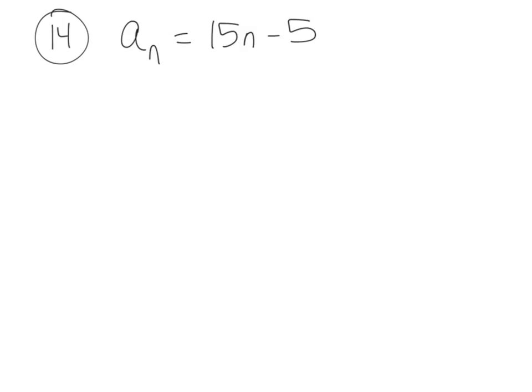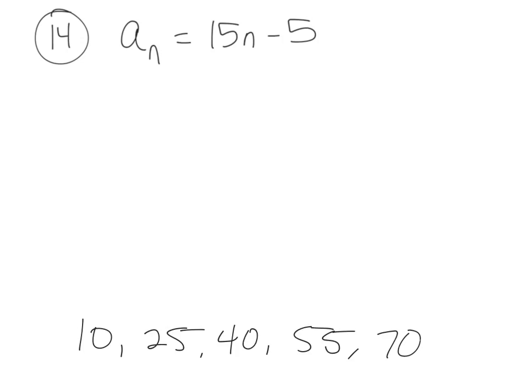All right, so they asked us to deal with the same sequence of the 10, 25, 40, 55, 70, and we found the equation already on our previous problem. So a sub n was equal to 15n minus 5, and now they want us to find the 18th term. So all I'm going to do is say a sub 18.